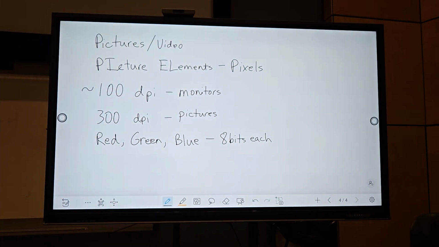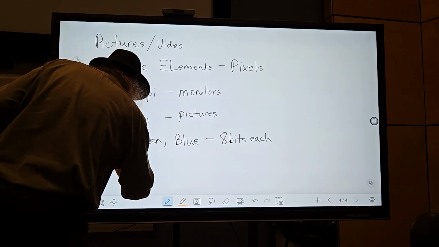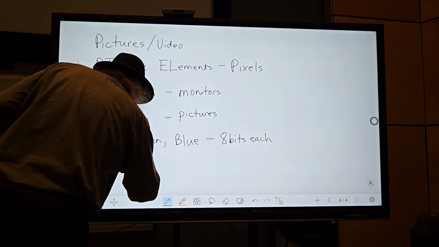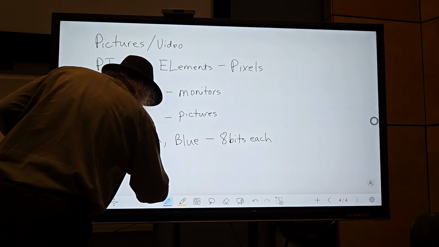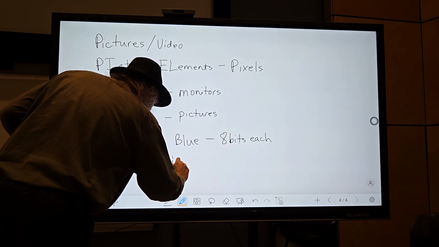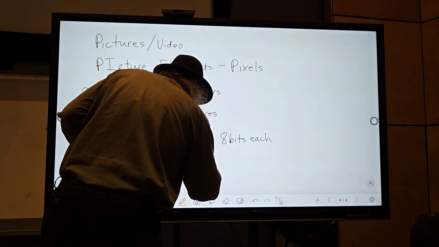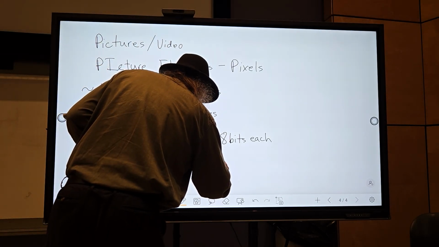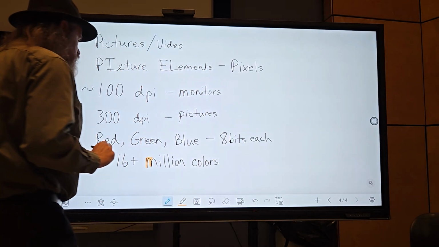So that gives you a total of 16 plus million colors possible.